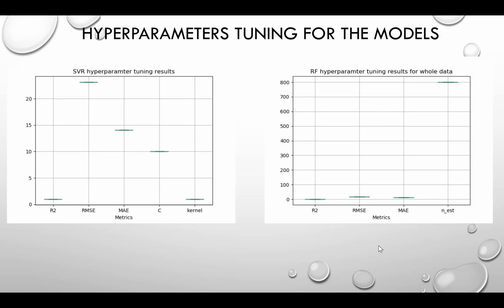The best number of estimators for the random forest applied on the sampled data varied between 200, 333, 600, 400, and 800. However, the best number of estimators for random forest applied on the whole data was always 800.